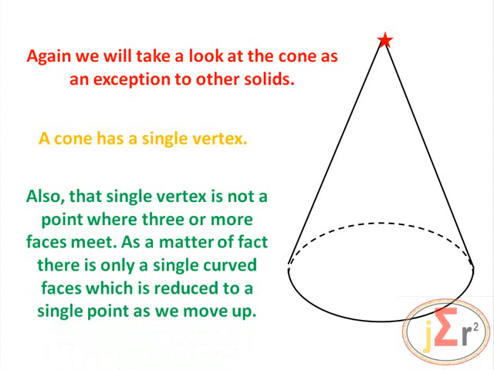As a matter of fact, there is only a single curved face, which is reduced to a single point as we move up. So we have only a single curved face on the cone, and as we go up, it diminishes into the point that we have there, that single vertex.